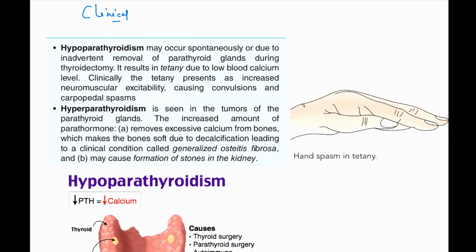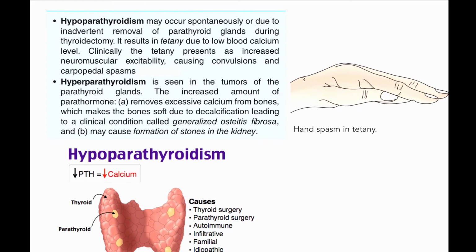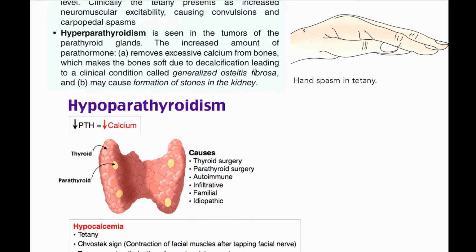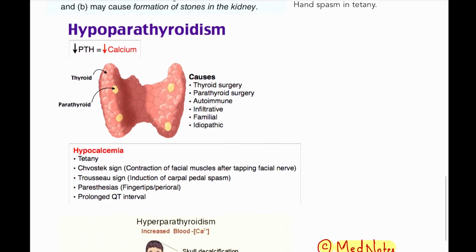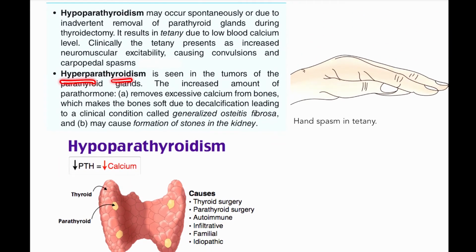So here are two clinical conditions about parathyroid: hypo and hyperparathyroidism, right? When there is hypoparathyroidism, the PTH decreases, so calcium in blood will also decrease, right? And in hyperparathyroidism, the PTH will increase, so calcium in blood will increase, right?